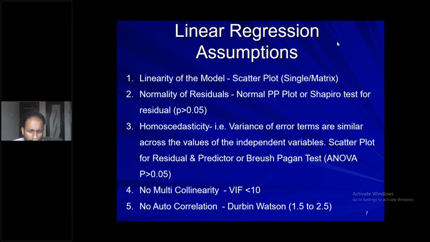You can perform this autocorrelation test when you are using time series data, but nevertheless, there's an option in linear regression wherein you can also perform this autocorrelation test. So for linear regression, we need to check all these 5 assumptions. Once we are done with these assumptions, then we can do the SPSS analysis.